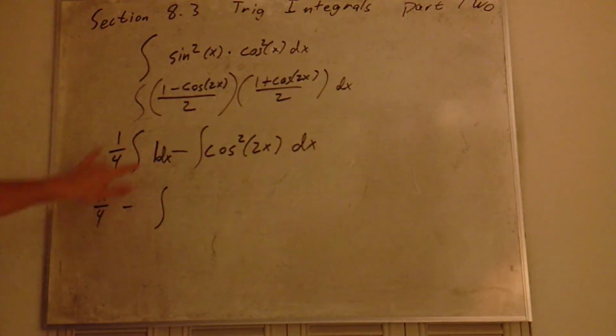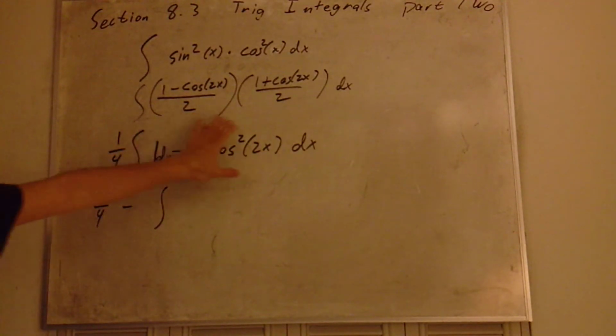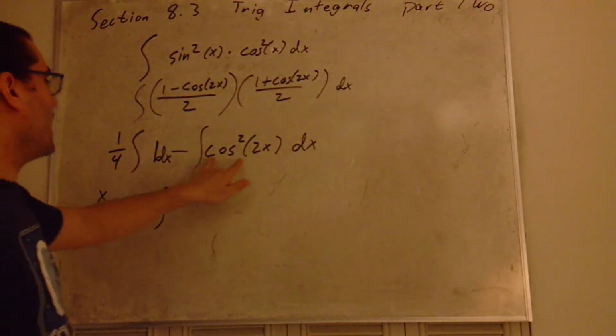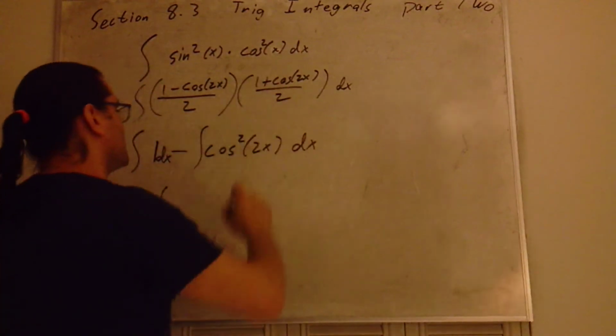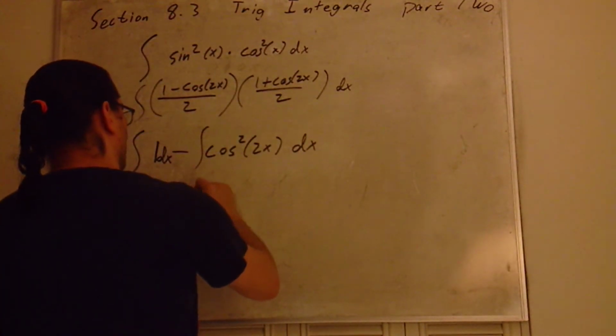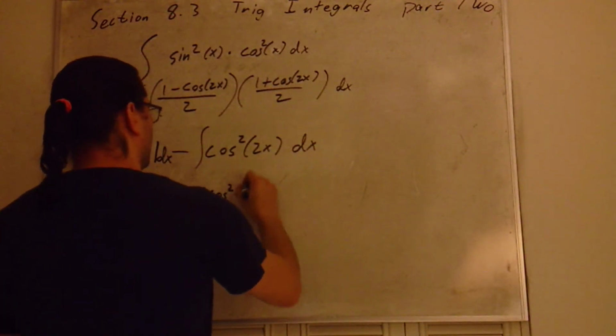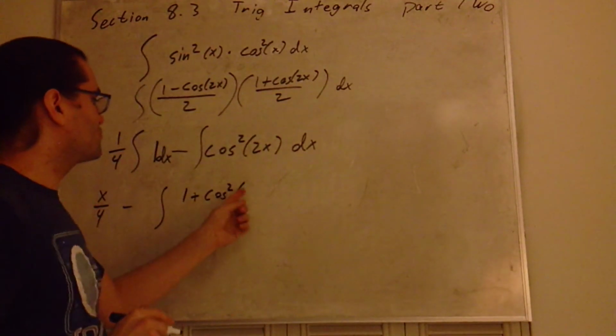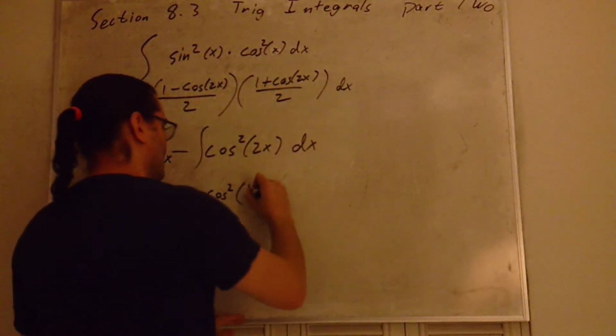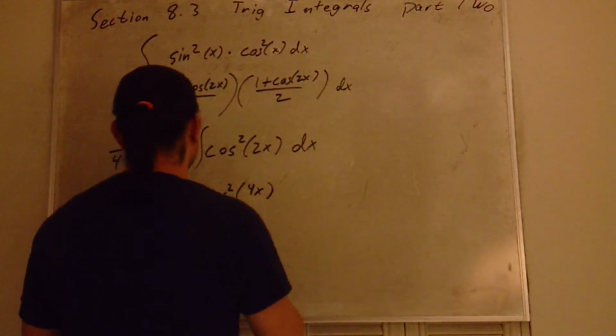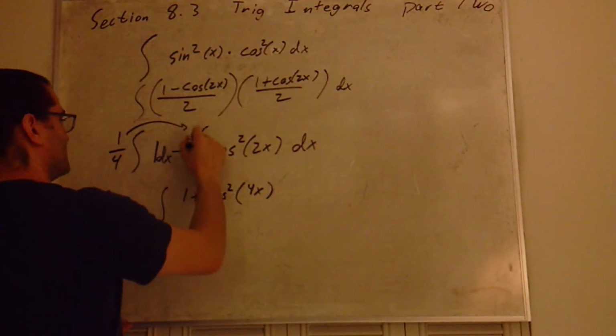That part's done. I don't want to deal with that anymore. I just want to deal with this cosine business. I'm going to split this cosine squared using the half angle formula. I'm going to call this 1 plus the cosine. It's twice whatever this is, so I'm going to call it 4x. Oh, I have to distribute this 1/4 as well.